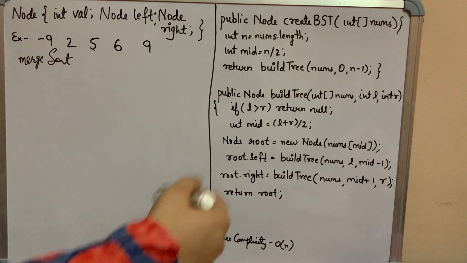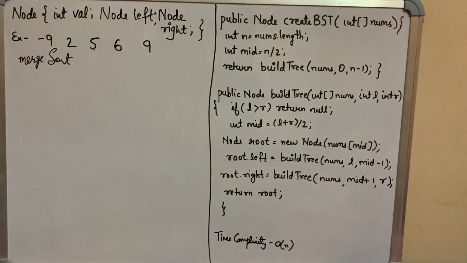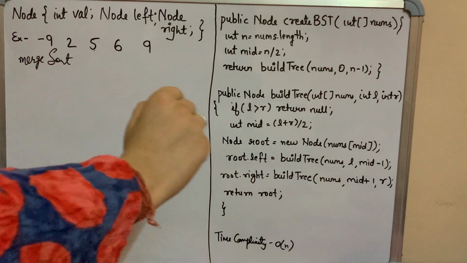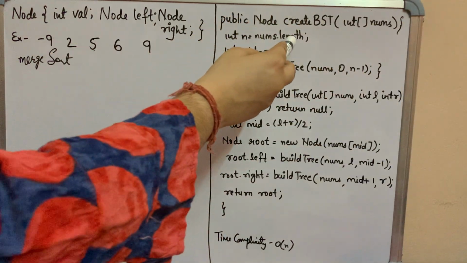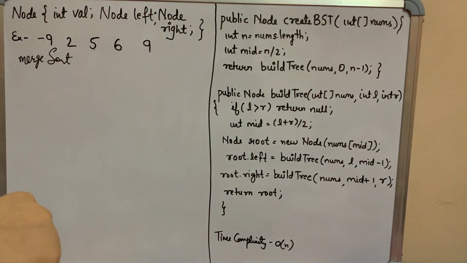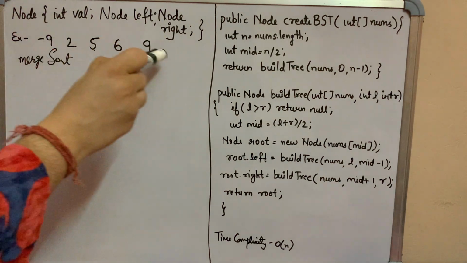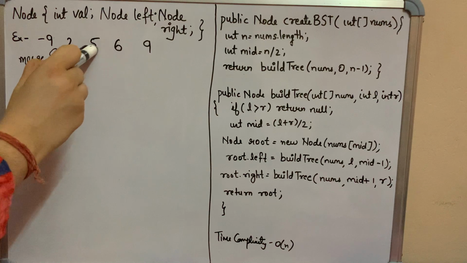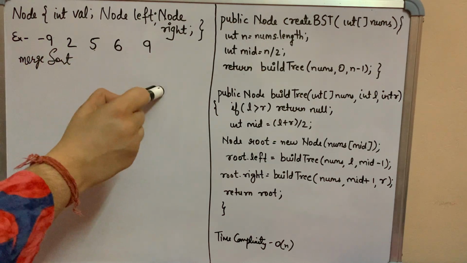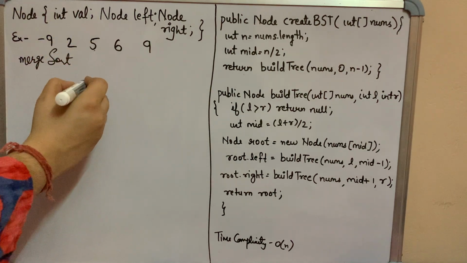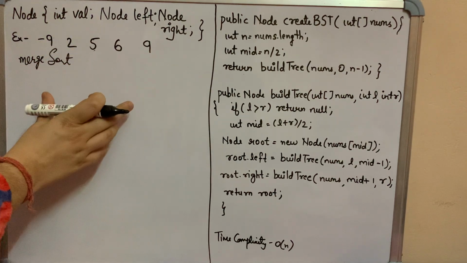So let's get started. Let's say this is your main function and n is nums.length. Nums is the array which has been provided to you, and length gives the number of elements in your array. Then mid: as I said initially, we are trying to break this into two parts so that we can process the left part and the right part. The main goal here is that in the BST, the root node value should be in the middle of left and right.